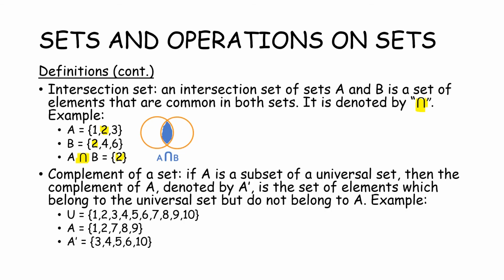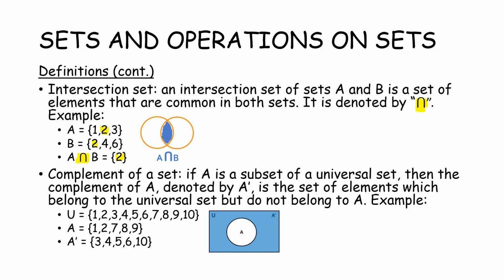A complement of a set. If A is a subset of a universal set, then the complement of A, denoted by A prime, is the set of elements which belong to the universal set but do not belong to the set A. An example is shown in the diagram below.